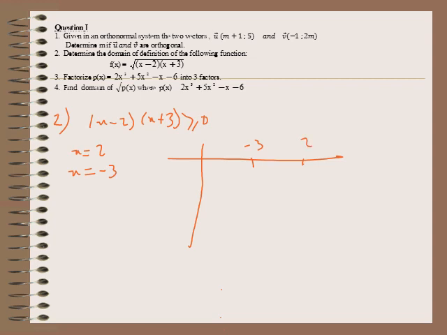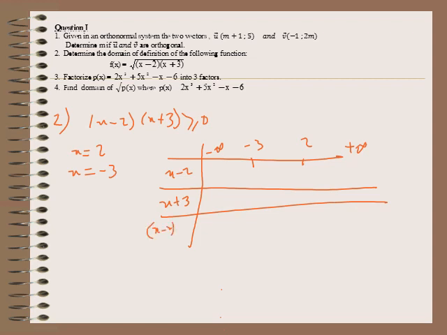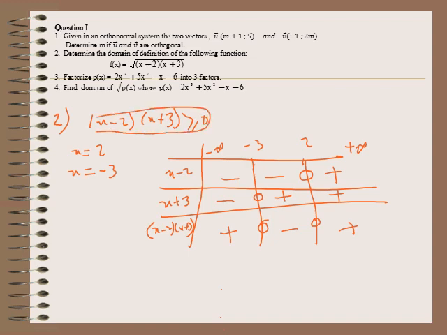Making the sign table for (x minus 2)(x plus 3), we get plus, minus, plus. f of x must be greater than 0, since the expression is under the radical.